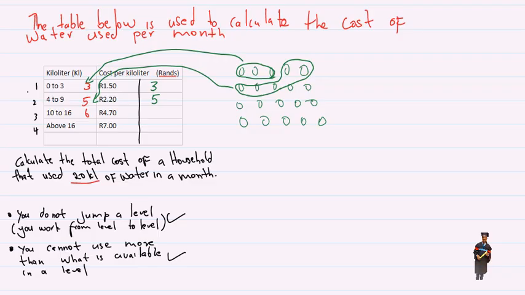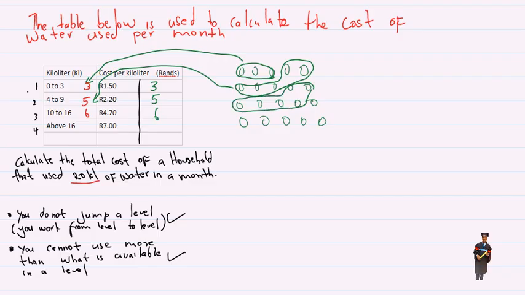Only 6 kiloliters are available in level 3. It means that we are going to use 6 here. So this is 1, 2, 3, 4, 5, 6, 7. We are going to use these kiloliters here.